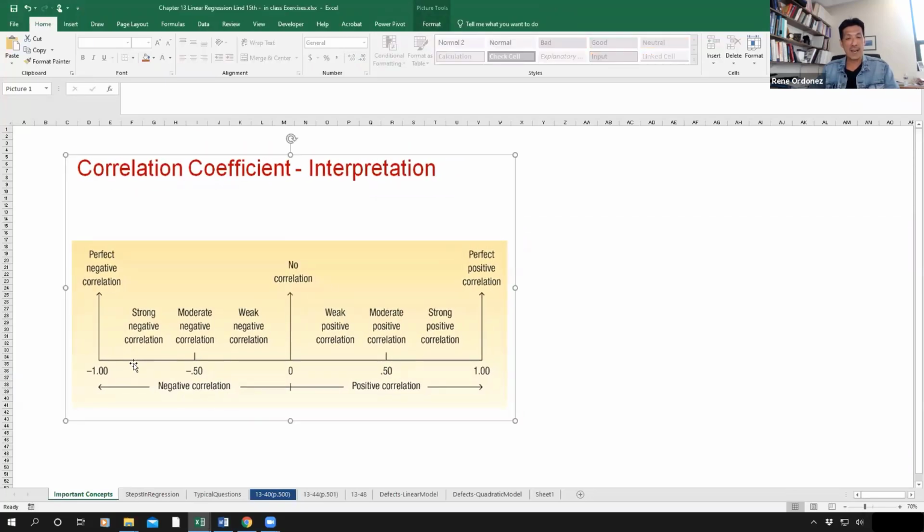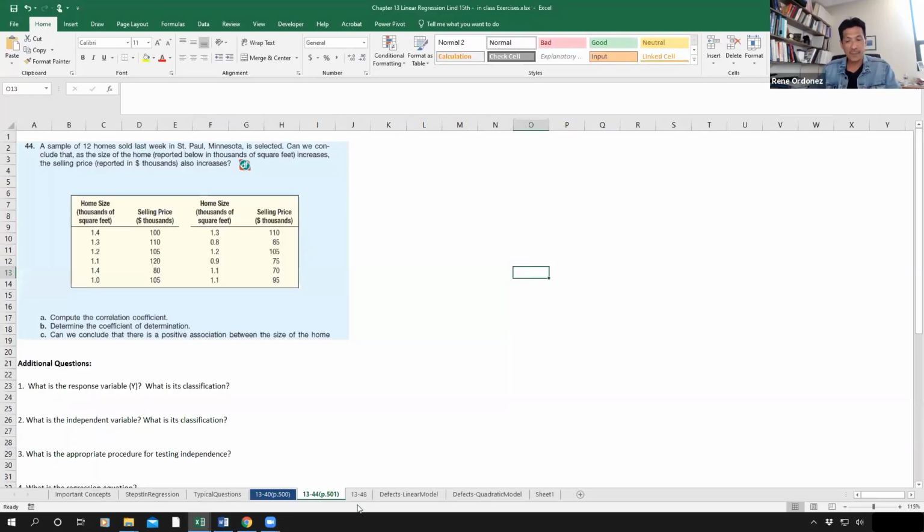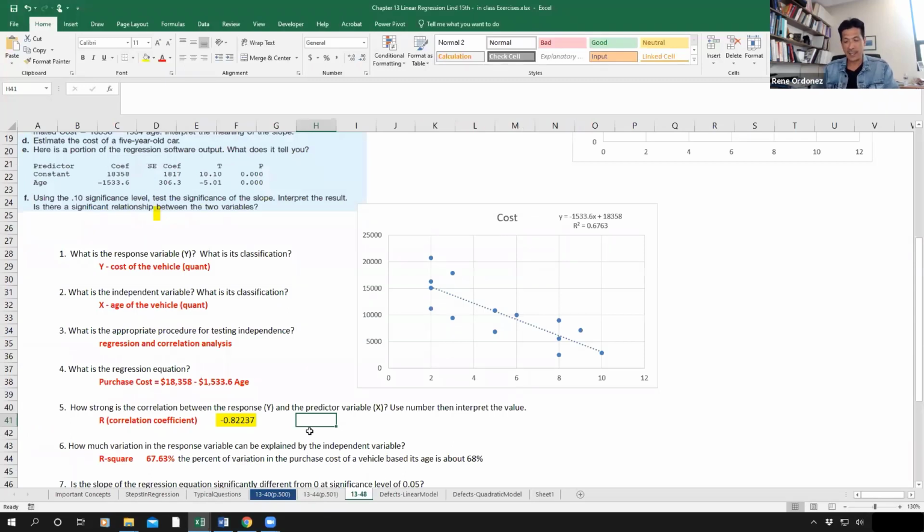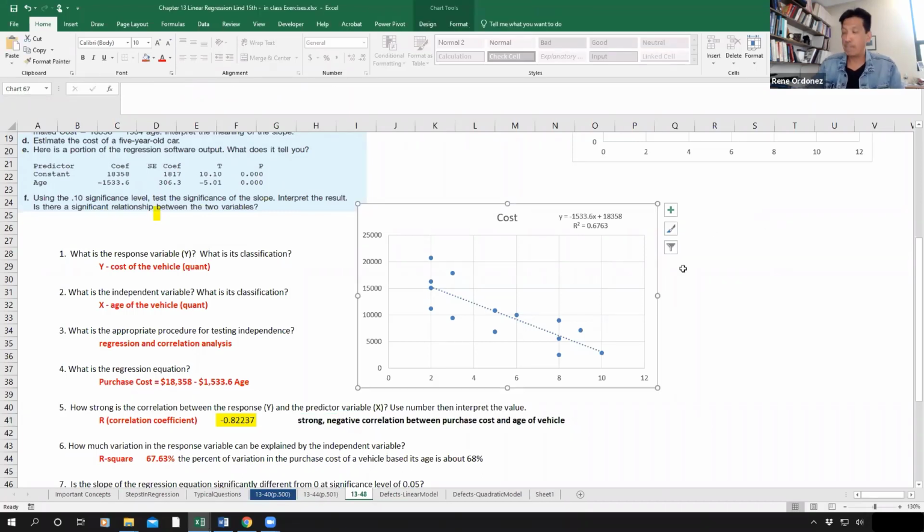So 0.8 is somewhere over here, which is a strong and negative correlation. Good. So we'll say there is a strong and negative correlation between purchase cost and age of a vehicle. Right?